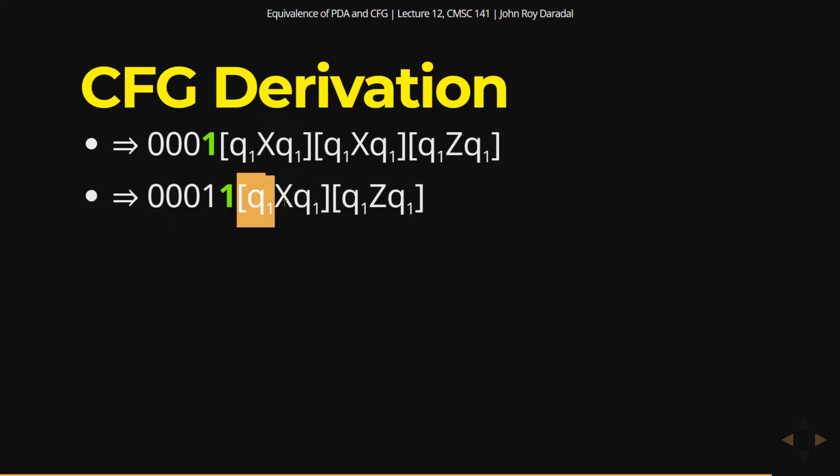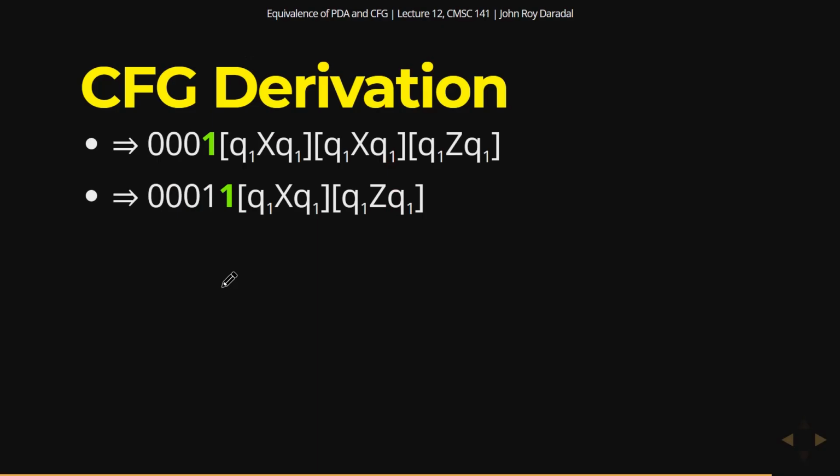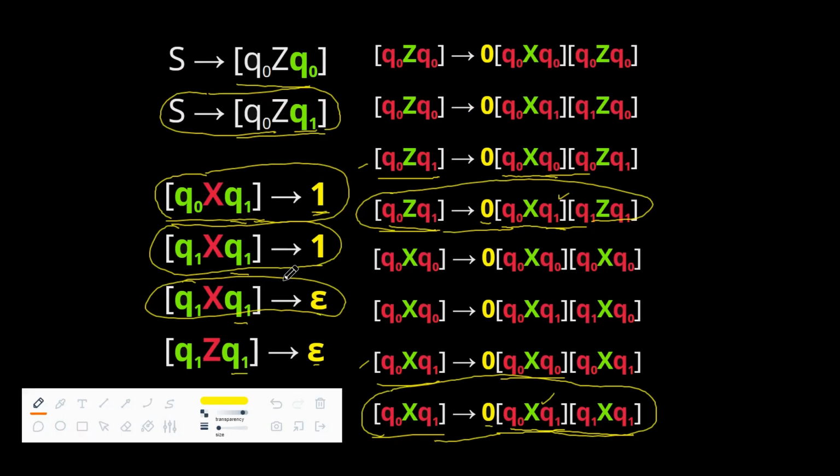But we still have some variables here left, right? So Q1 X Q1 can be replaced with an epsilon, right? So we will replace it with epsilon. And then finally the last variable, Q1 Z Q1, can also be replaced with an epsilon through this one, right?